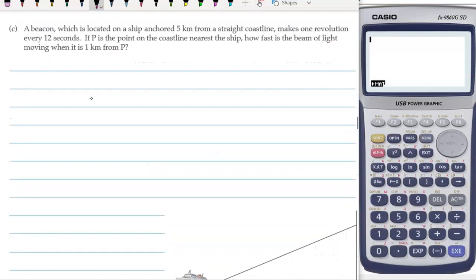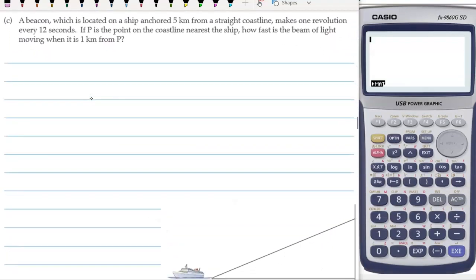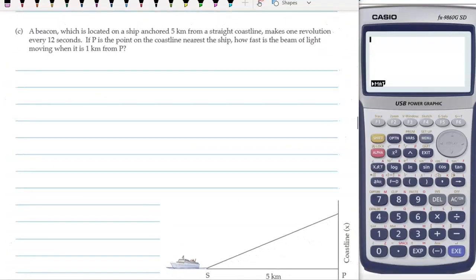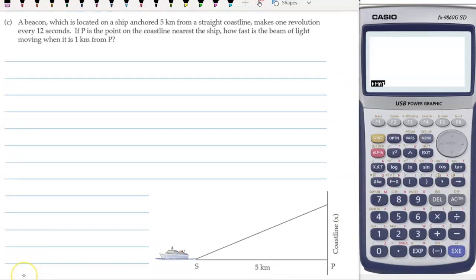Okay, part C. Get this picture on to help us out. So imagine this picture is a bird's eye view. The ship is 5k away from the coastline point P, and there's a light on it that's going around in circles like this. So it rotates around once every 12 seconds.